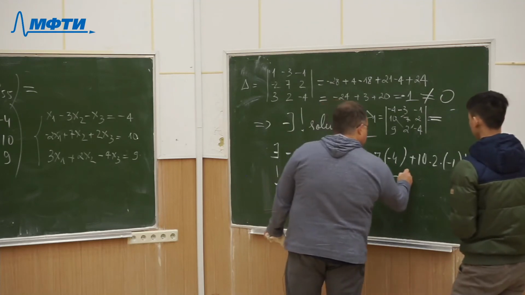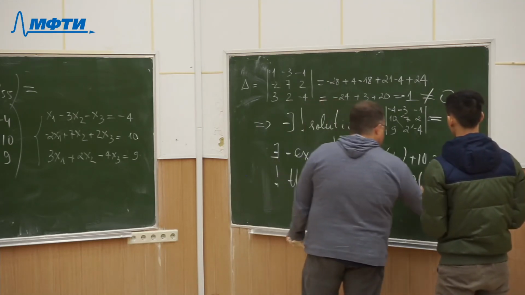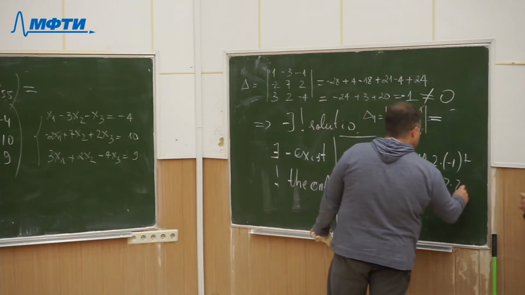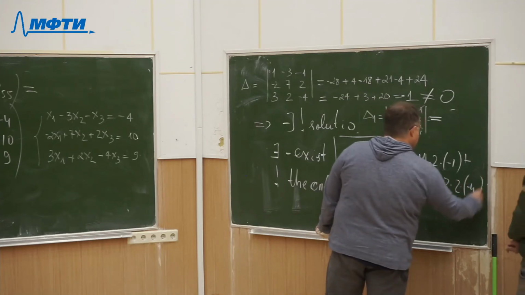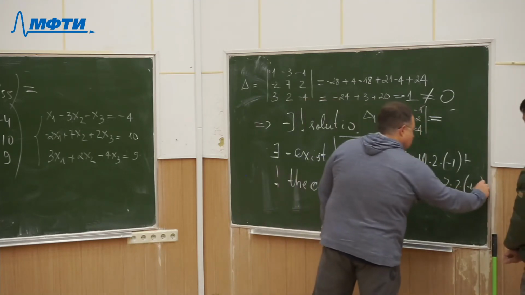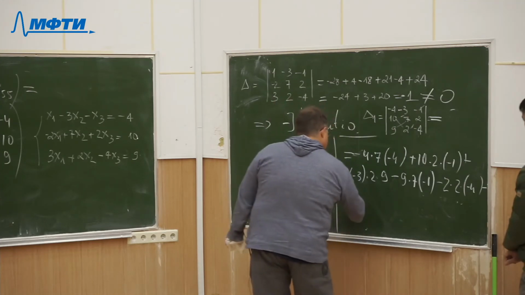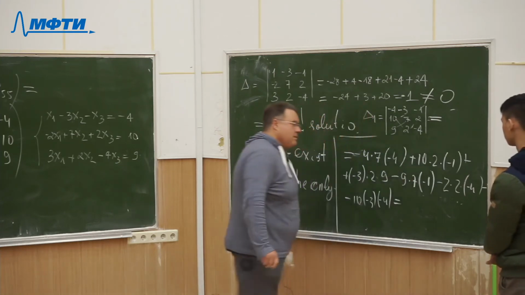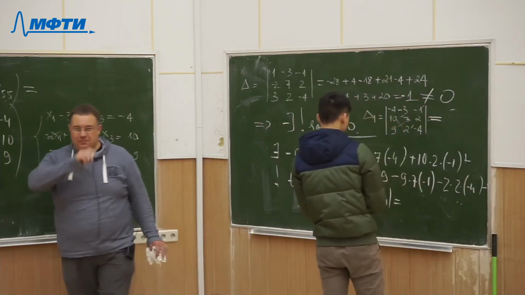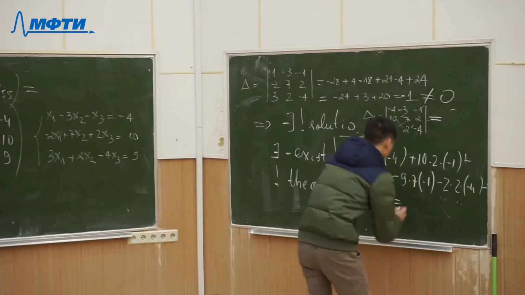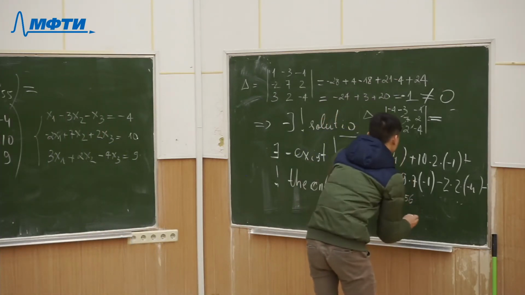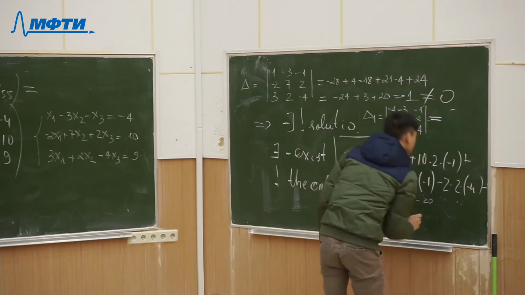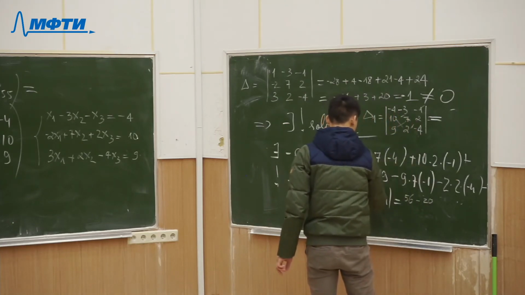Minus 9 times 7 times minus 1. Minus 2 times 2 times minus 4. This triangle, yes? And at least minus 10 minus 3 minus 4. Please calculate it. And who received the delta sub 2? Delta sub 2.